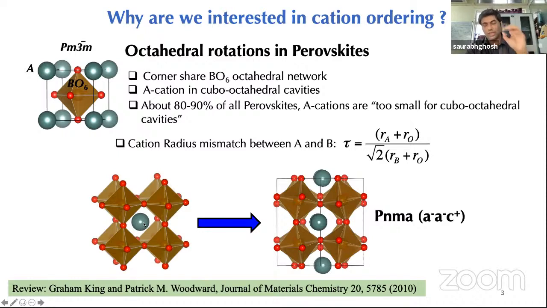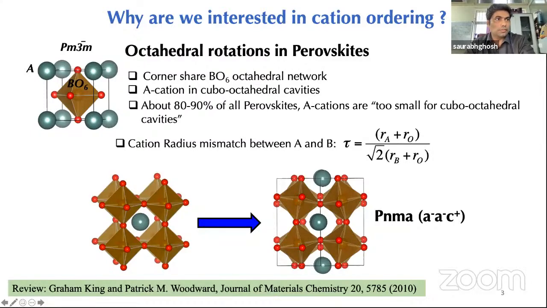But if we consider smaller A cations, then these octahedra are going to tilt and rotate. And in structural and compositional space, these Pnma structures are the most common in perovskites, where you have this a minus b plus a minus rotation pattern. I'll come to that.